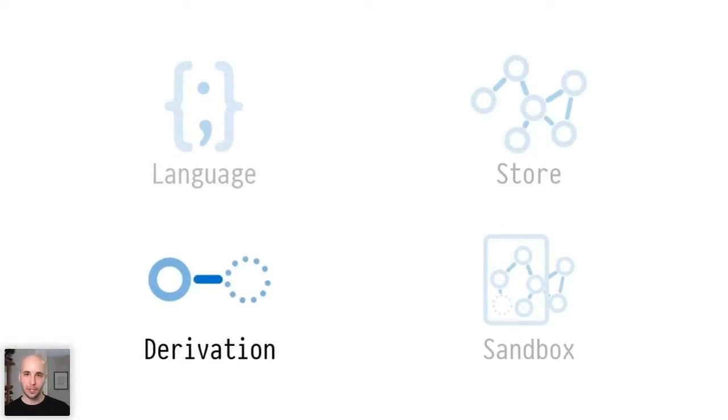The derivation is the thing that puts things in the Nix store. So you have a derivation, and it's a file that includes the build instructions to construct a node in the Nix store. And how those get created in the first place, how the derivations get created, we'll talk about in a second. But basically, a derivation necessarily includes all of the dependencies of a prospective output path in the store.